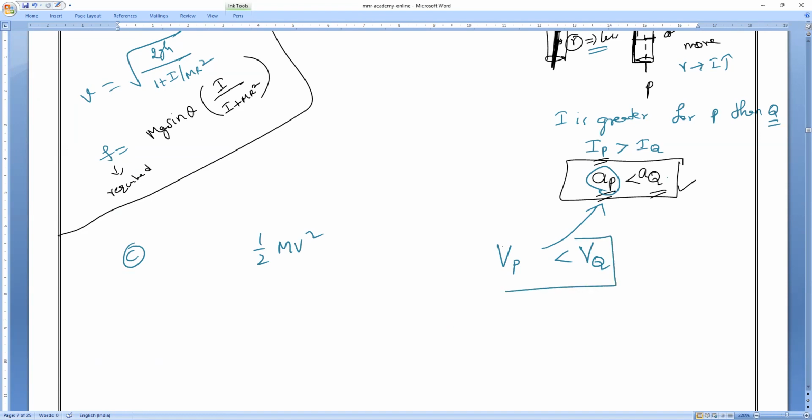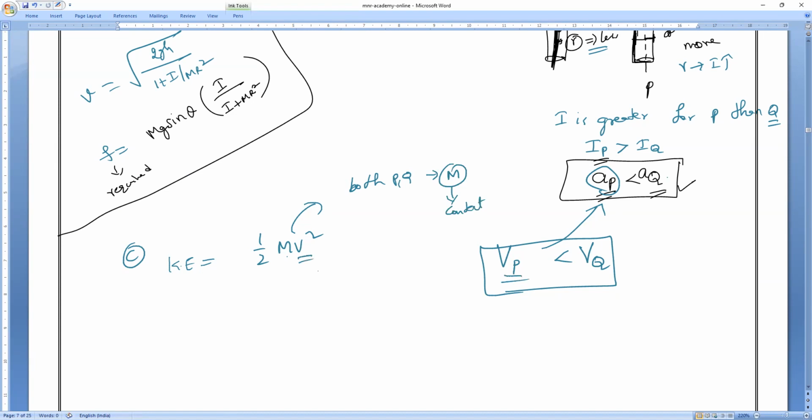So if velocity of P is less, then kinetic energy is purely depending on velocity. Mass remains constant, because both P and Q have the same mass in the given question. So it only depends on velocity.